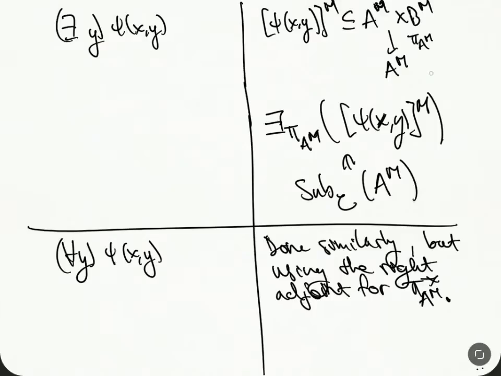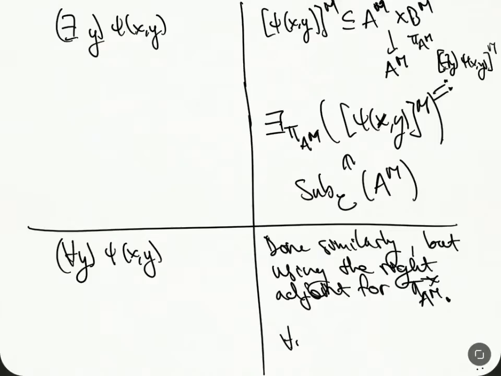Let me say this again. By definition, what did we do here? This is the definition of there exists a y psi x y, M. So the definition of the interpretation here is this sub-object here. We do similarly for this. What's this saying?